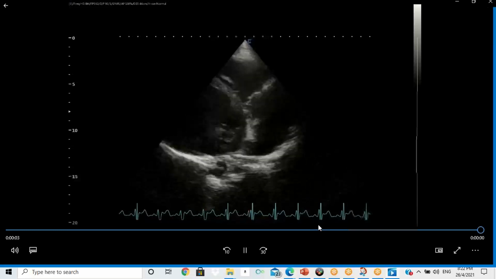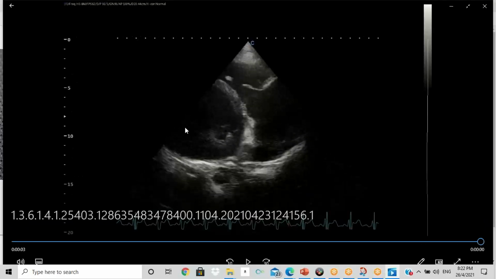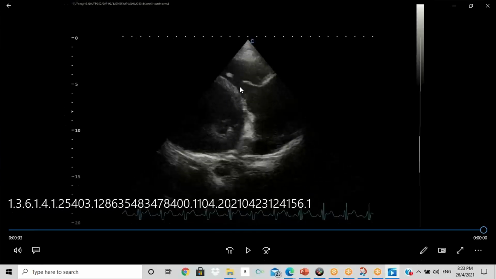Okay, so this is your RV flow view. Just for orientation purposes, this is your tricuspid valve: the posterior leaflet is there, and the anterior leaflet. This is the right ventricle, this is the right atrium. The descending aorta is right there. Further up, you have the coronary sinus.